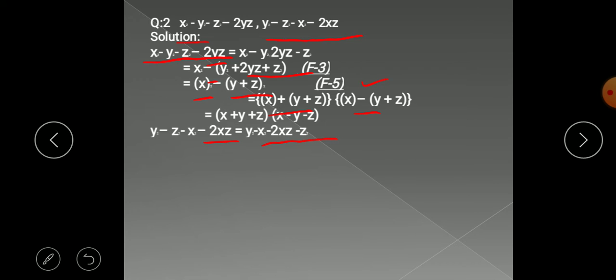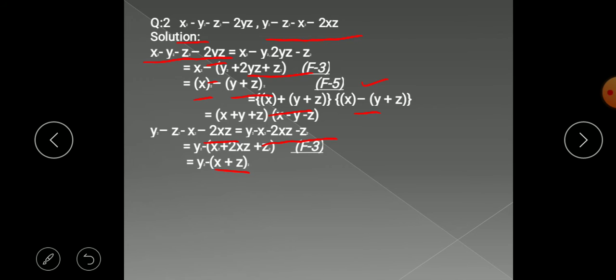Now take the common from these last three terms. I have taken the common negative sign, and then transformed it according to formula number 3. So after applying formula number 3, we will get the square of x plus z.